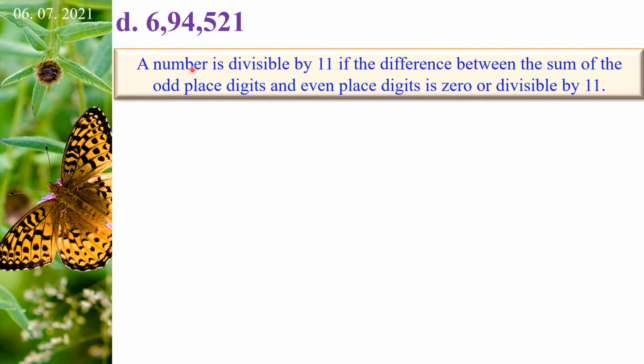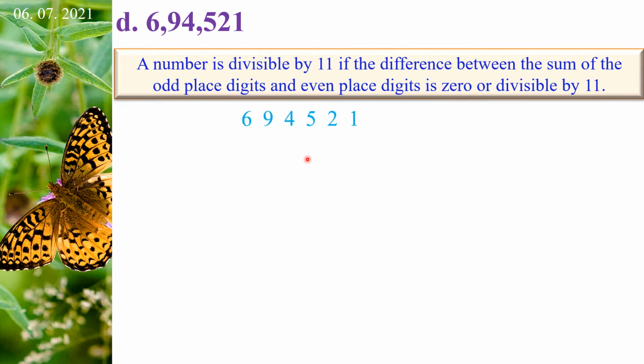6,94,521. So we know the rule. What is that? A number is divisible by 11 if the difference between the sum of the odd place digits and even place digits is 0 or divisible by 11. Okay, children. So first let us mark odd and even places.